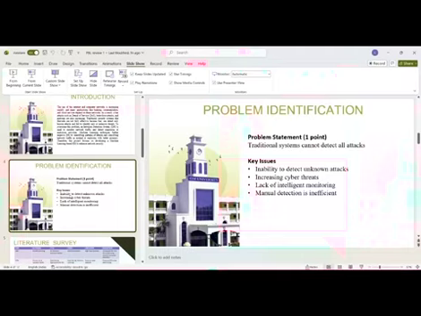It detects only known attacks, ma'am. Is the accuracy medium, average or high? Ma'am, high, 95. Are you sure? If accuracy is high, why are you using IDS? You can use the traditional method only, no? Yes, ma'am.